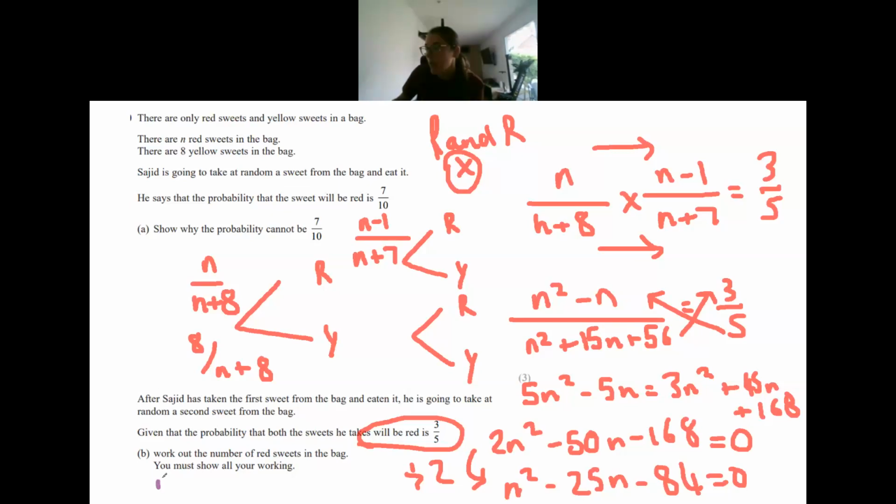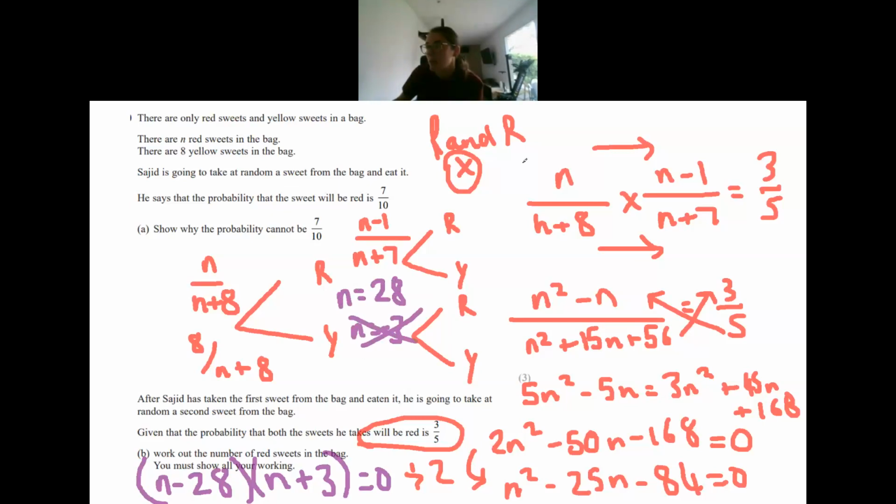So n minus 28, n plus 3 equals 0. So minus 28 add 3 is minus 25, minus 28 times plus 3, minus 84. Set each one equal to 0. So n minus 28 equals 0, so n could be 28 or n could be minus 3. n cannot be minus 3. I cannot have a negative number of red sweets. So I have 28 red sweets.